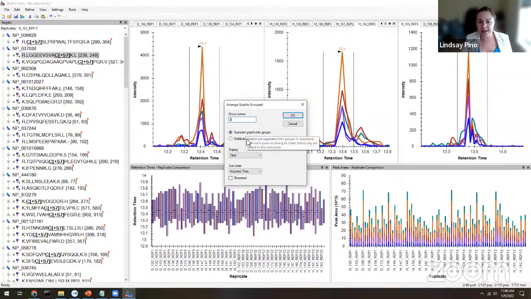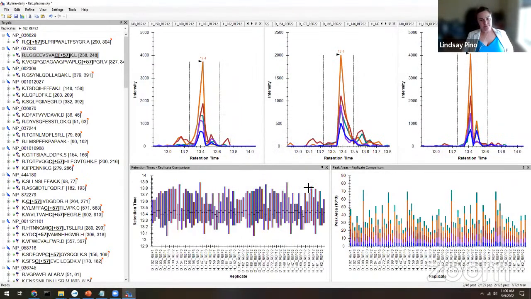We are going to select the radio button, distribute graphs among groups. Under sort order, we'll have document. And all of this is in the PDF. I'm on the PDF page 8 if you were following along. So it should look something like this. We hit OK. For me, I had it already arranged that way, so it didn't really change too much.